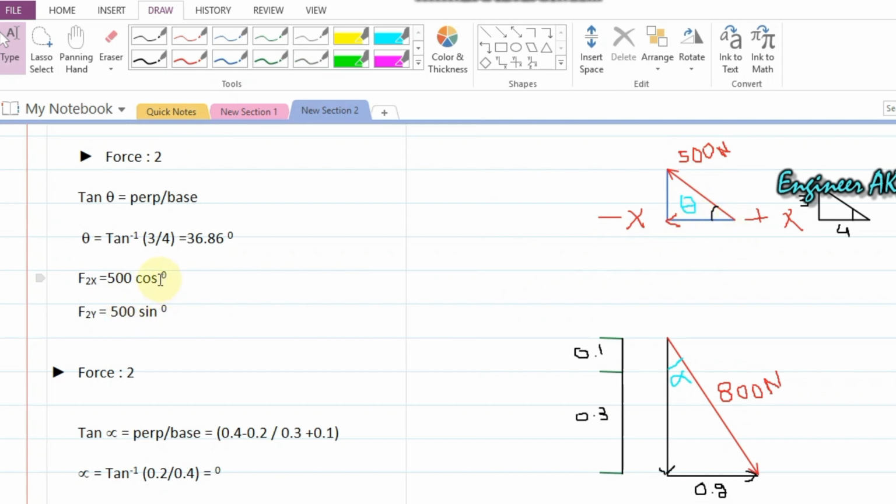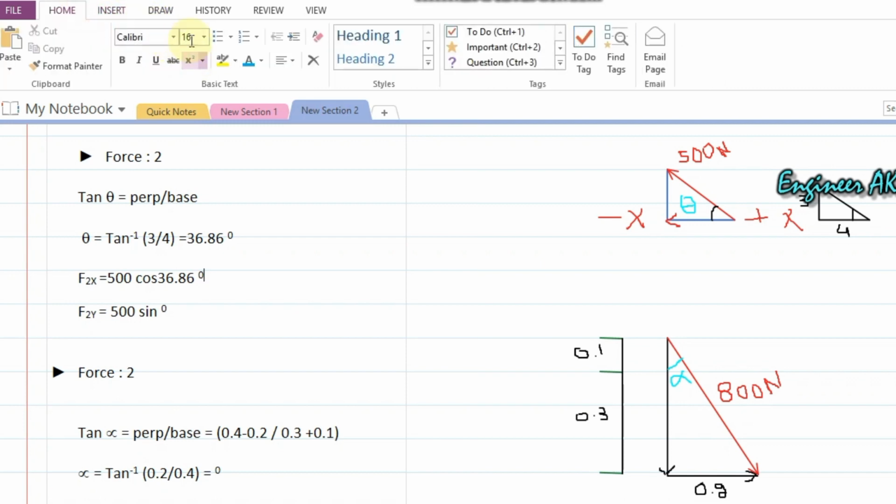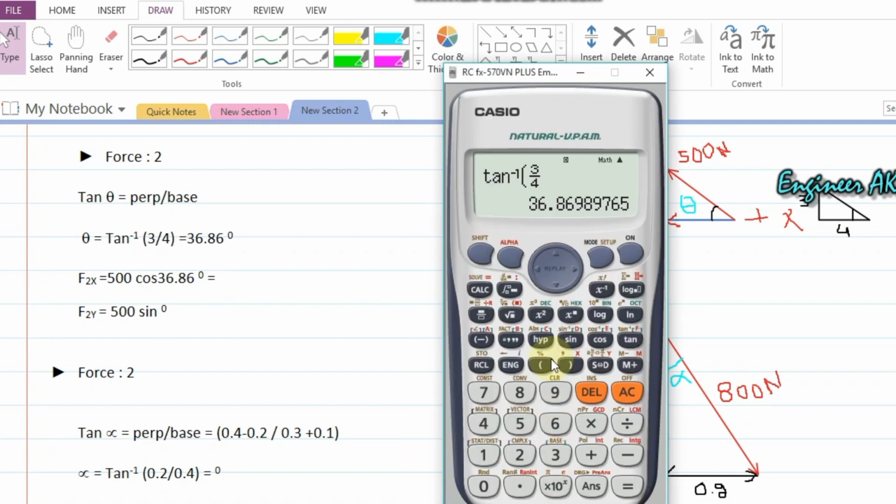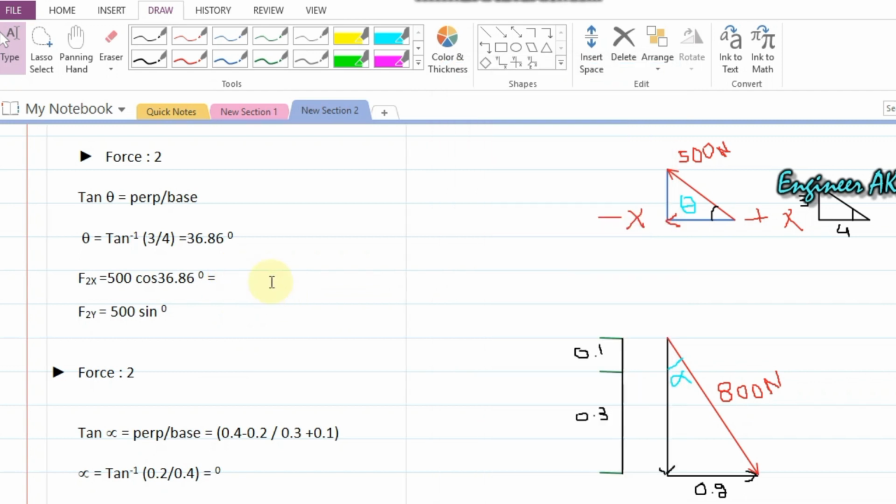So 500 cos of 36.86 comes out to be 400 Newton, but minus 400 because it is in the negative direction, so minus 400 Newton.